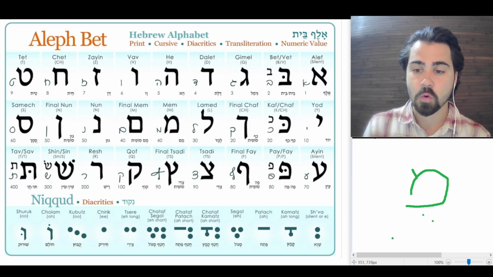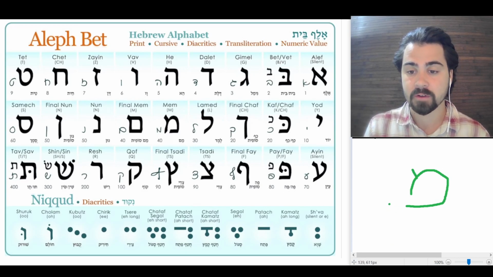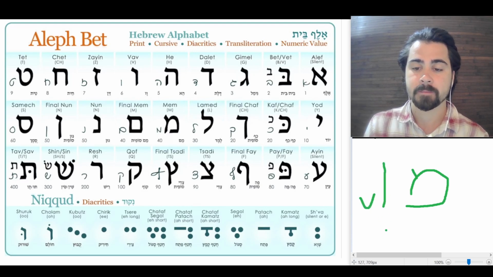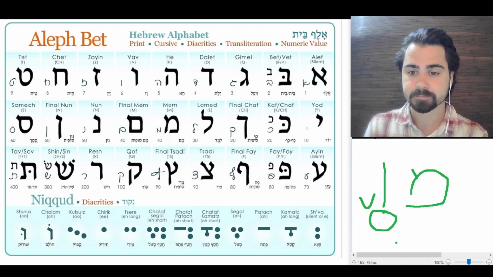Besides that, we have the vavs that can act as a nikud. Vav by itself is just the sound v, normal letter, and it can have some nikud here. Could be va, could be ve, could be v, and if it's the first letter, then the shva could also mean this is ve, right?